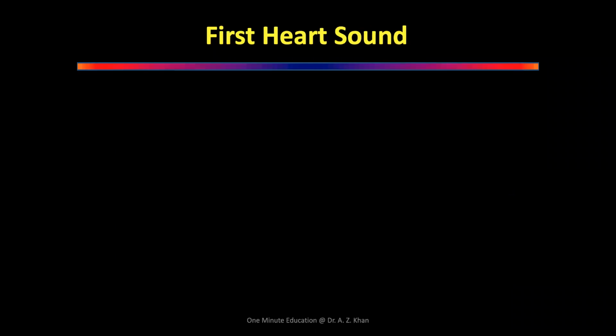Okay. Now, quickly, I want to tell you about the heart sounds. Listen to this, or actually, I want you to write down. Tell me, why does the first heart sound occur? Write down in your book.